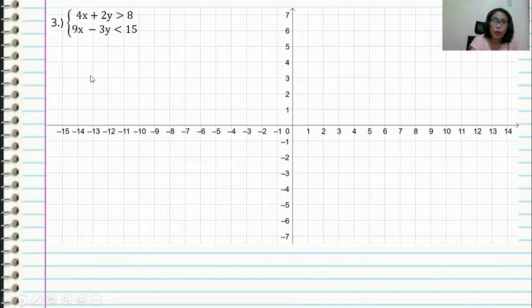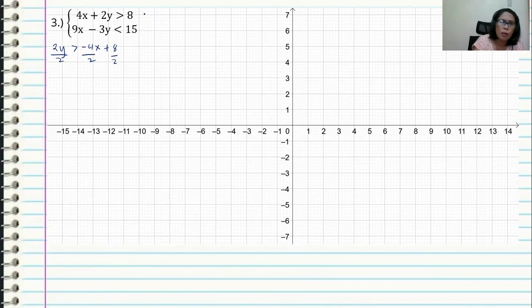Next is number 3. So what we're going to do is to make this in the form of the slope intercept. So we're going to isolate y. So we have 2y is greater than negative 4x plus 8. So we will divide both sides by 2. The inequality will remain greater than since we are dividing both sides by positive values.